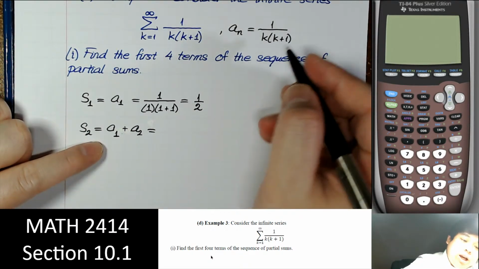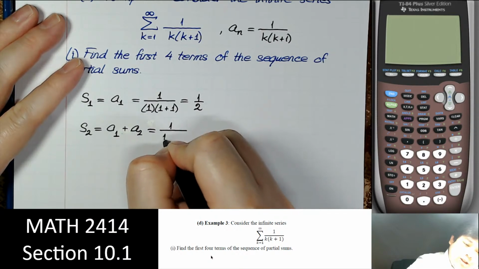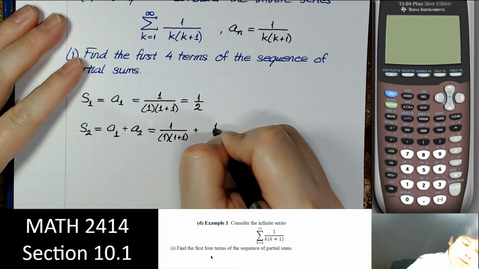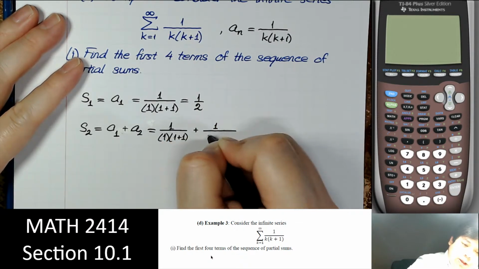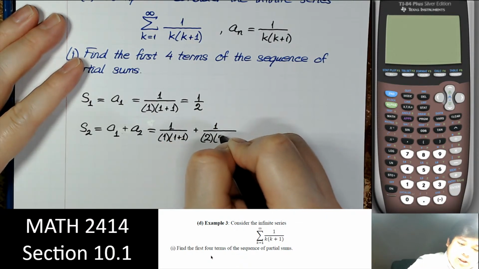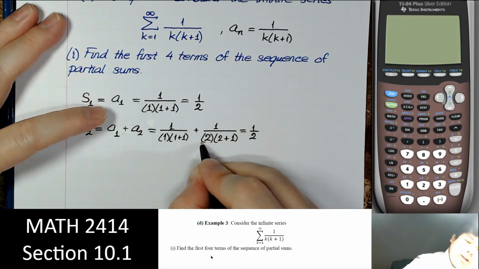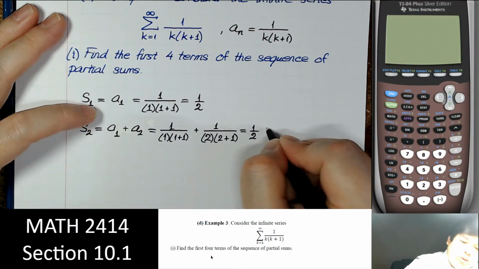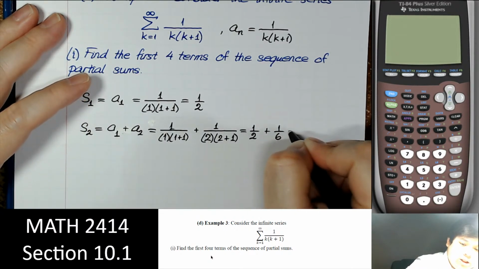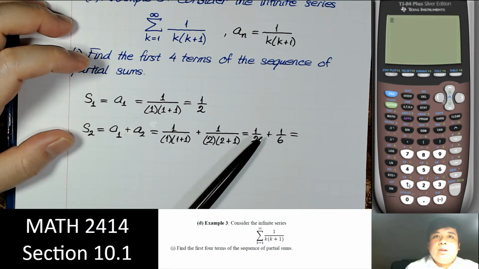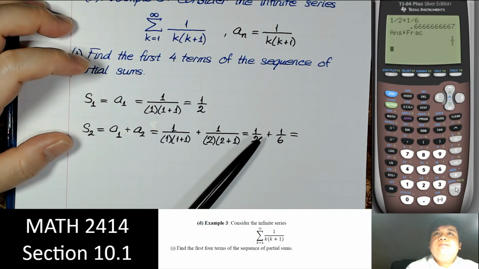So I'm going to put 1 in for k and 2 in for k. One half, and 2 times 3, so plus 1/6. One half plus 1/6 is 2/3.